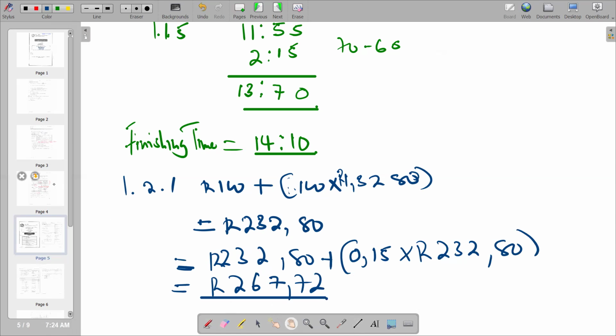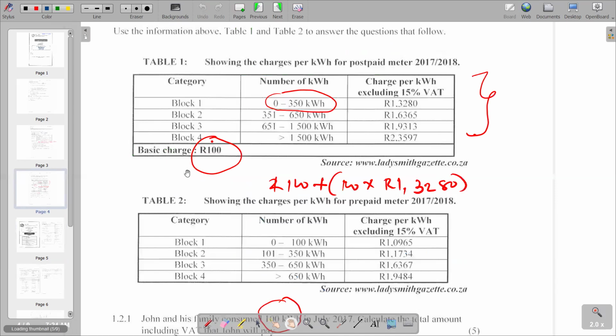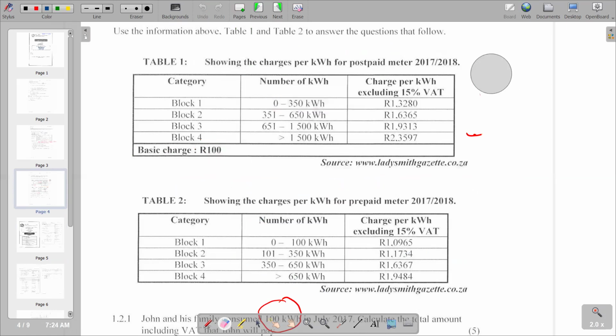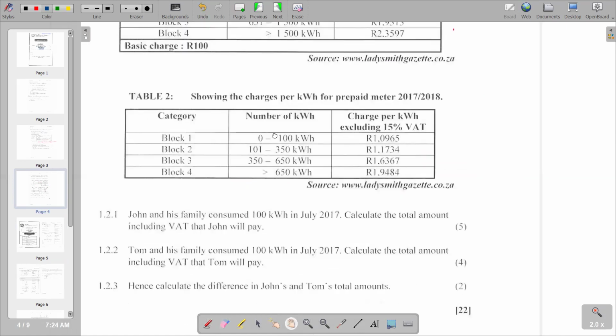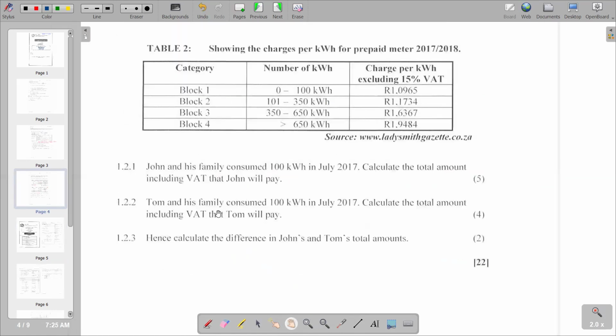So moving on to the next question. Our next question becomes 1.2.2. Tom and his family consumed 100 kilowatts in July 2017. Calculate the total amount, including VAT, that Tom will pay.